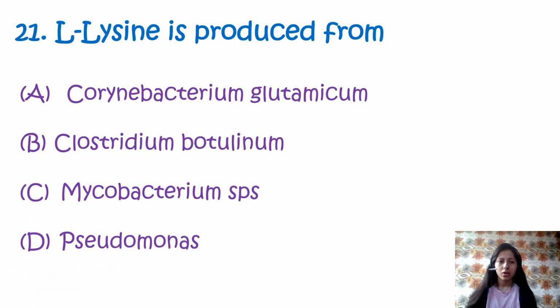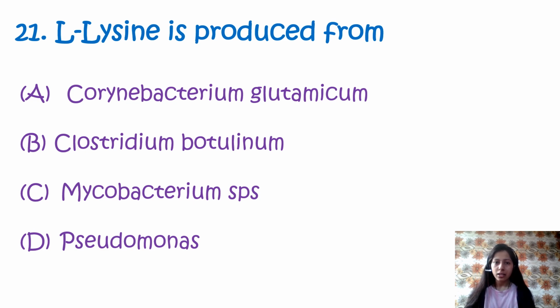Question number 21. Lysine is produced from option A, Corynebacterium glutamicum, option B, Clostridium botulinum, option C, Mycobacterium species, option D, Pseudomonas. So lysine actually क्या होता है?